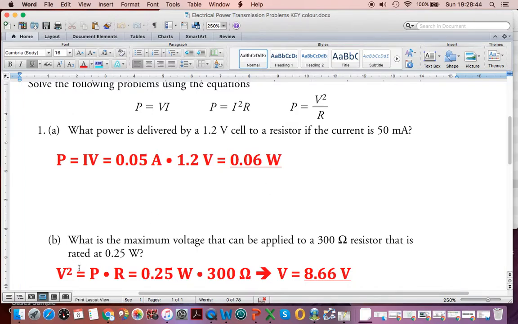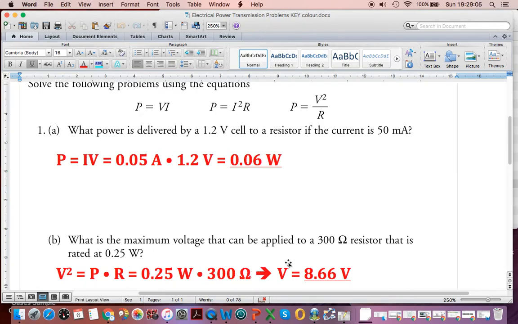Now V squared equals P times R, and you'll find that on your formula sheet. Now our power is 0.25 watts, so that comes down like that. Our 300 ohms comes in like this. And so what it doesn't say here is that that is actually our V squared.